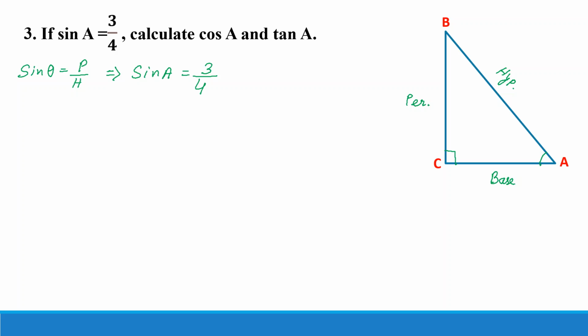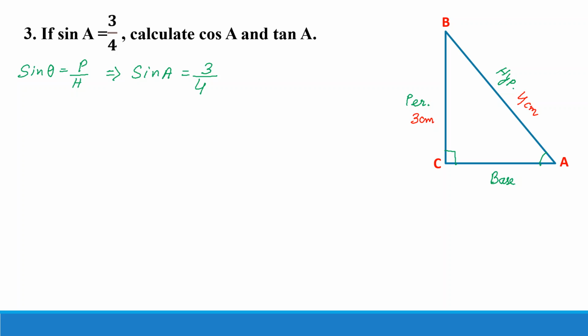So they take perpendicular as 3 centimeter, hypotenuse as 4 centimeter, and they continue with their further calculation, which is incorrect.